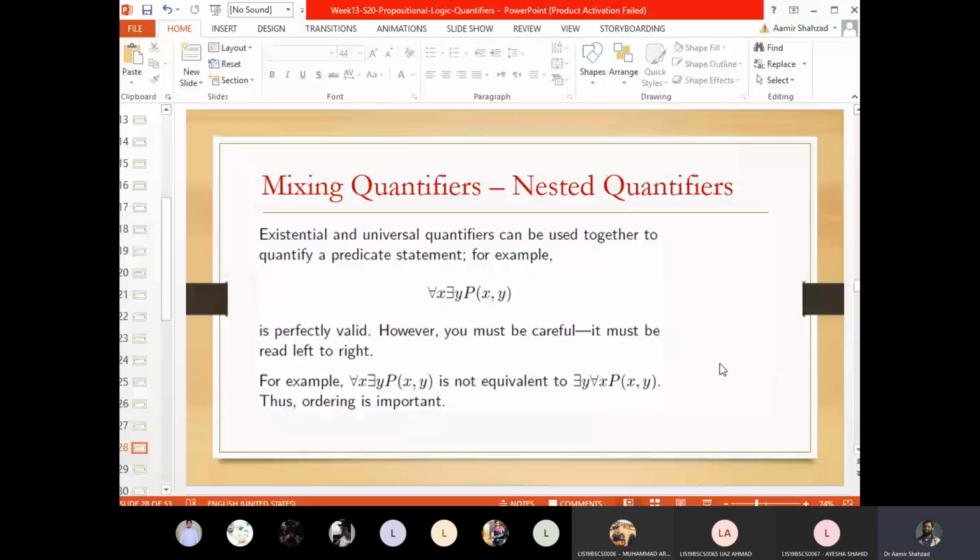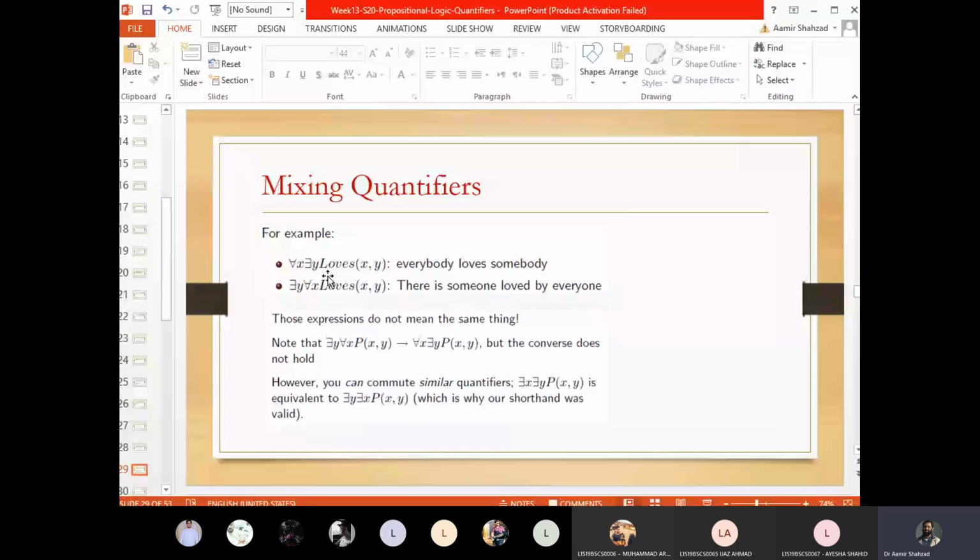So we have this example: for all X, there exists Y such that X loves Y. Loves X, Y, ये हमारा predicate है. So X loves Y. For all X, जितने भी लोग हैं, तमाम के लिए X loves. There is someone Y whom they love. So everybody loves somebody.